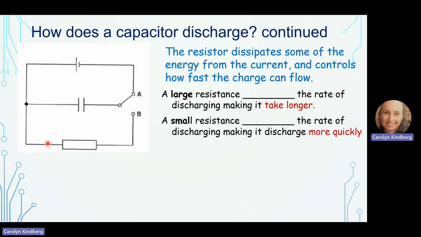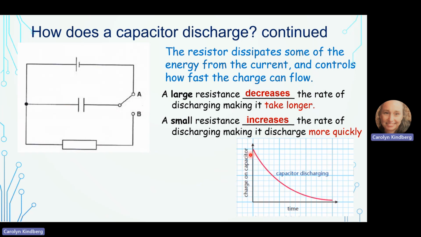A large resistor will lower the current, and therefore it will take longer to discharge the capacitor. So a large resistance will decrease the rate of discharging and decrease the current. A small resistance will increase the rate of discharging, so we'll have a high current, but it will discharge much more quickly.